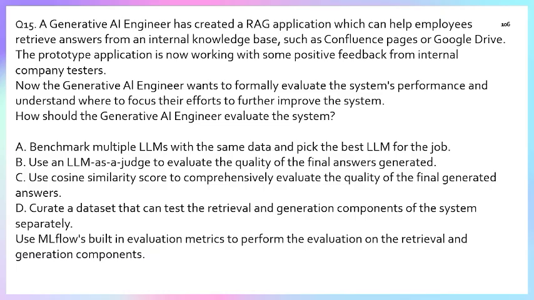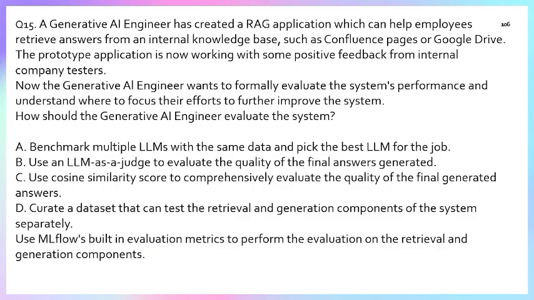So option A is to benchmark multiple LLMs. This only checks which LLM is the best, but does not evaluate retrieval versus generation, so it doesn't give us insight into the system performance. Option B, LLM as a judge, is only useful for final answer quality evaluation, but does not help diagnose retrieval performance.